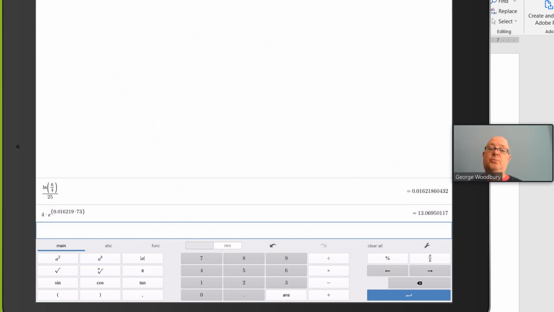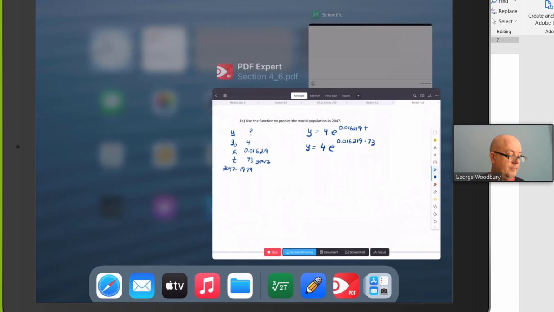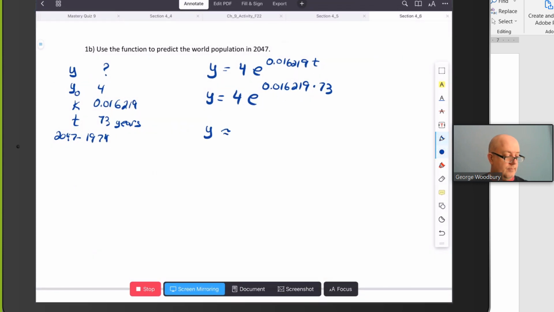That rounds to be 13.1 billion in the year 2047. Now I've got one more problem where this time we will know the population we're trying to get to, and we'll be able to figure out what year that will happen.